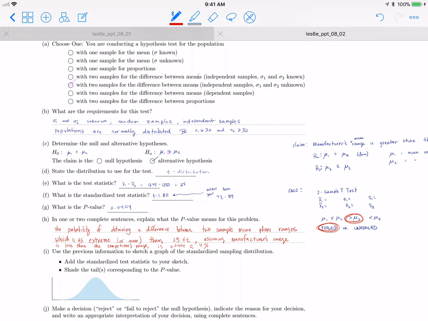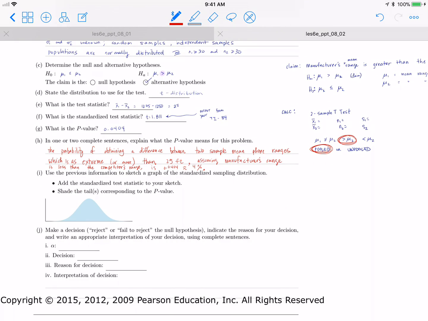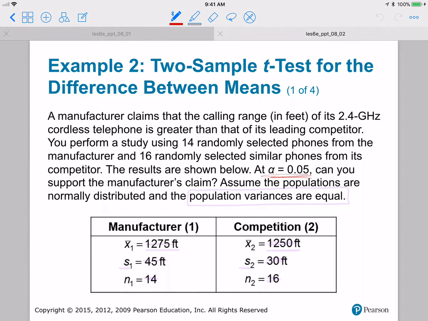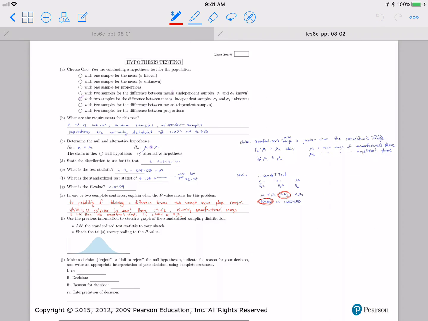We can look here, what is our alpha? We can go ahead and make a decision. Alpha is 5%, the same thing as 0.05. So our decision is going to be to reject H naught.